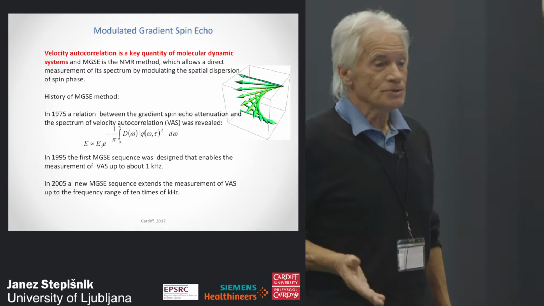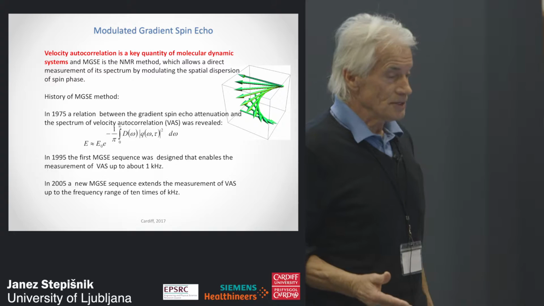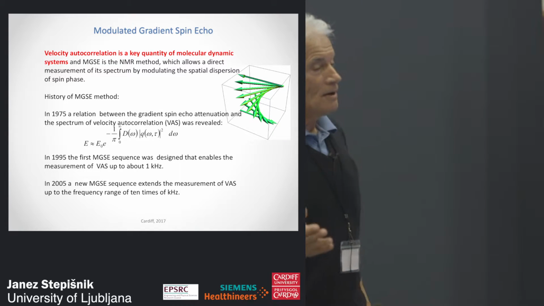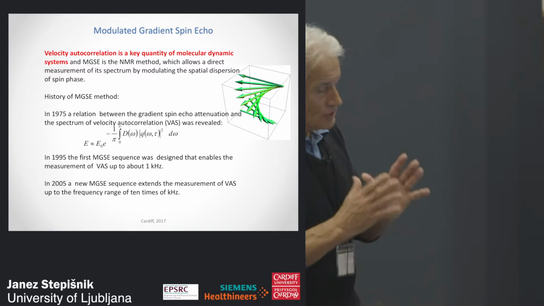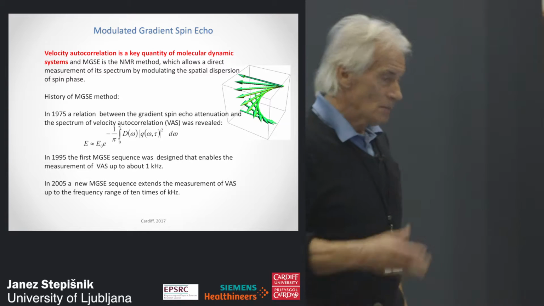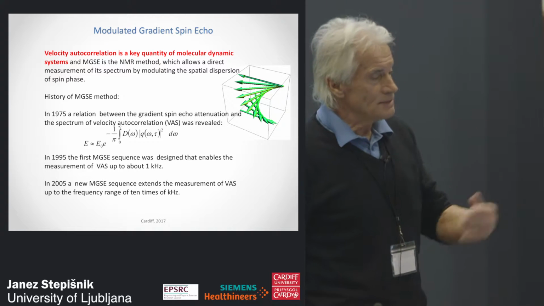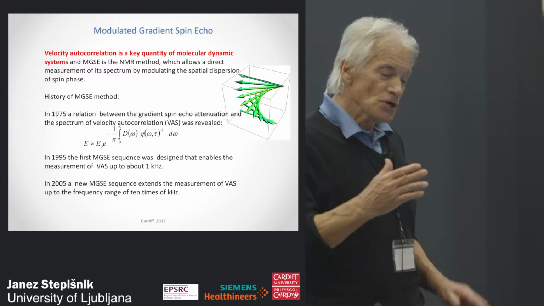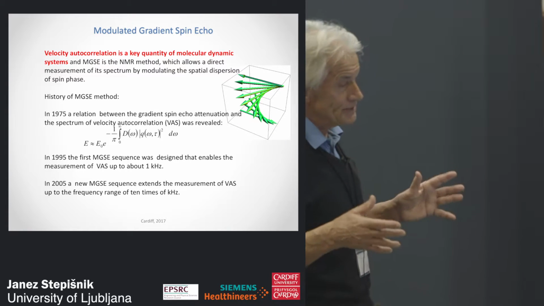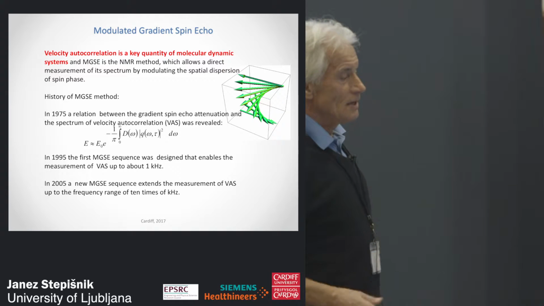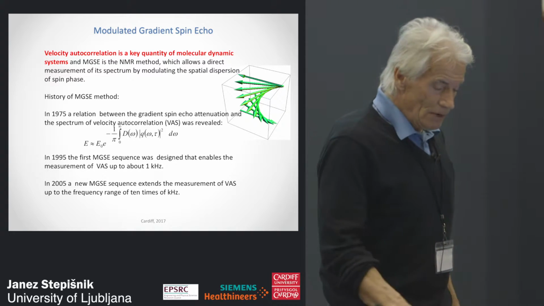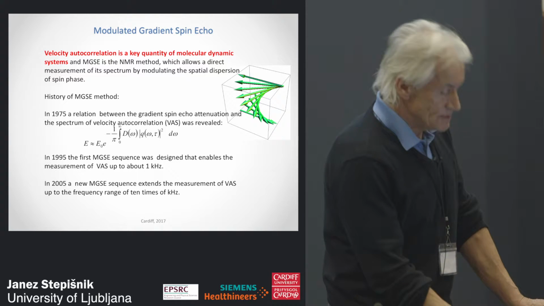Another technique is inelastic neutron scattering. But these techniques cover mostly the frequency range above the gigahertz, very short times. The technique I'm going to explain, modulated gradient, can cover the low frequency range. So far we reach 10, 20 kilohertz. I believe it can go further on, and I can show you quite interesting results.